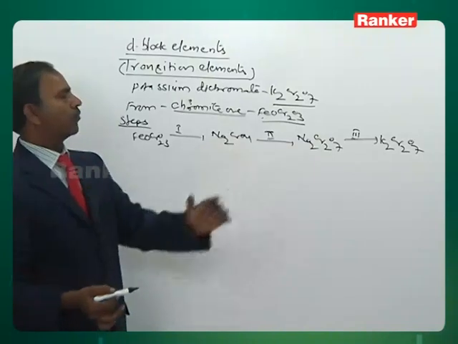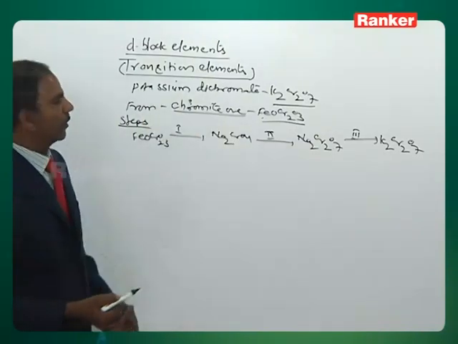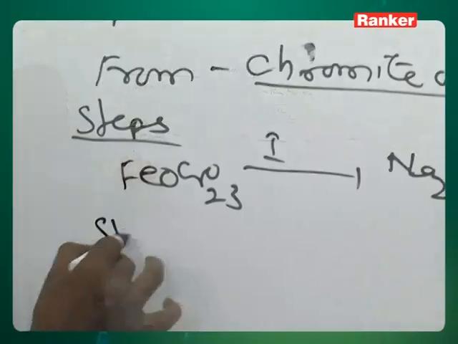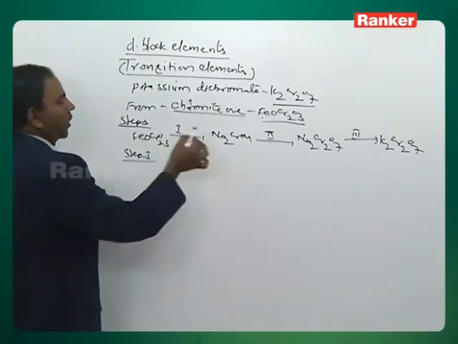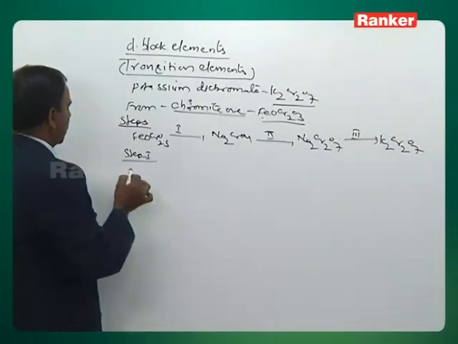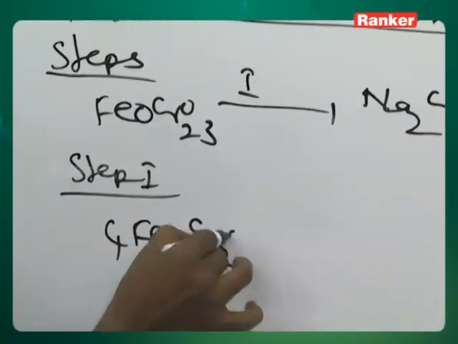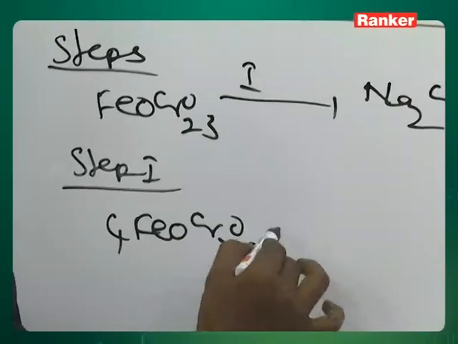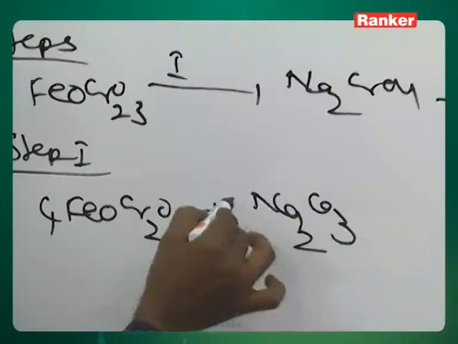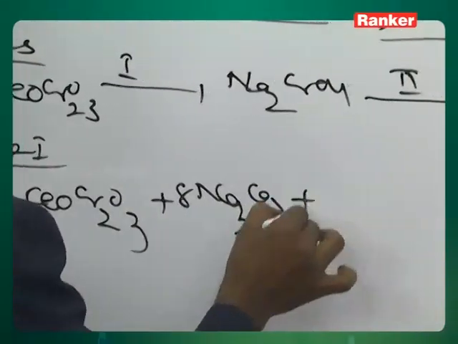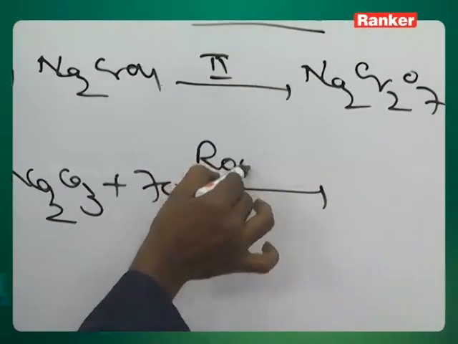Let us see in what way we can convert chromite ore to potassium dichromate in 3 steps. Step 1. Chromite ore we convert into sodium chromate. FeOCr2O3 is fused with sodium carbonate in presence of oxygen, roasted in air.